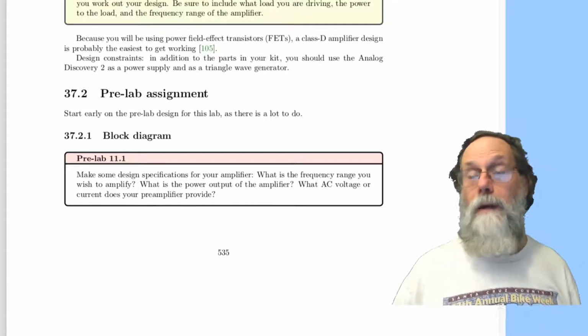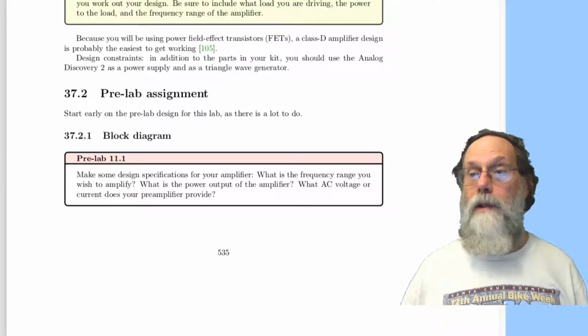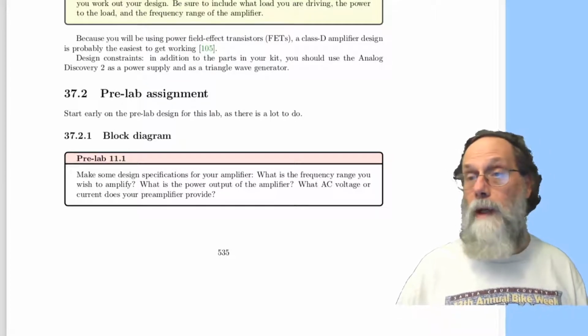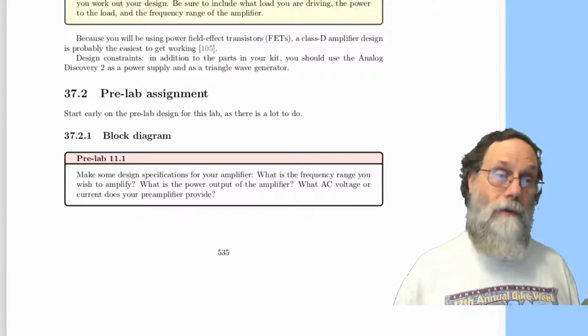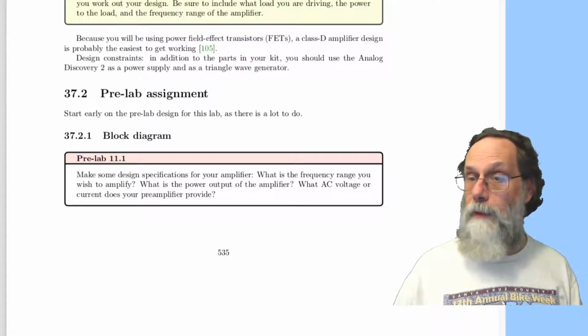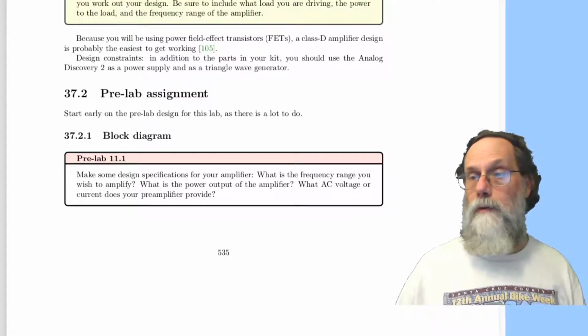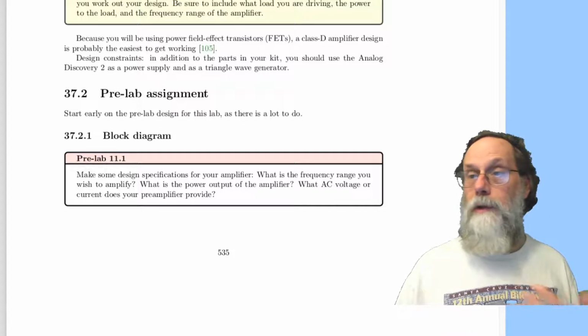Power amplifier, how much power do you really need out of this amplifier? And that's going to determine things like, what does the power supply voltage have to be? And you also have to look at things like, okay, I've got a component here that's going to do part of the work for me, this preamplifier that goes from the microphone to the input of the power amp stage. What's the output of that preamplifier? How much voltage? How much current?